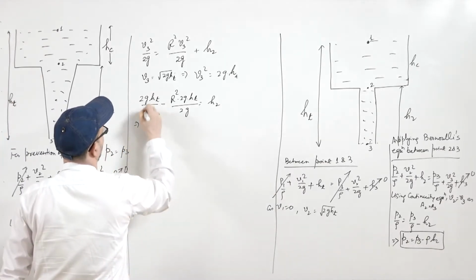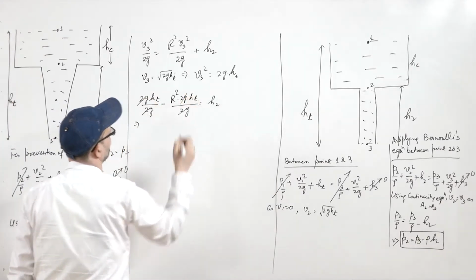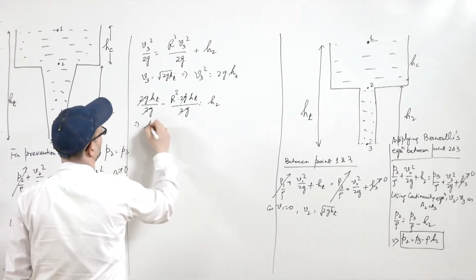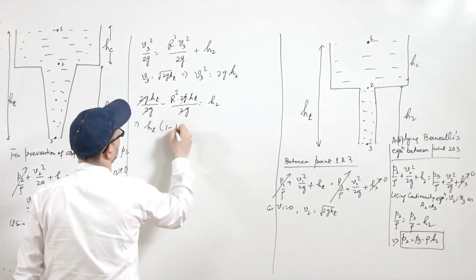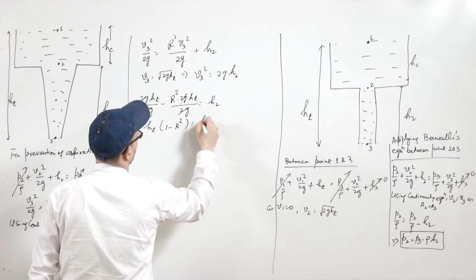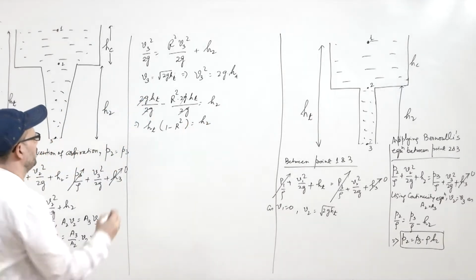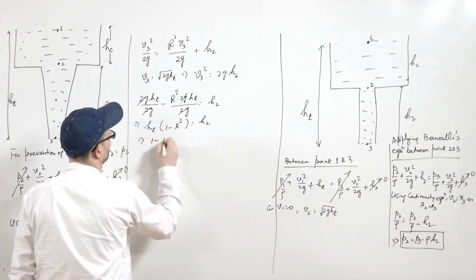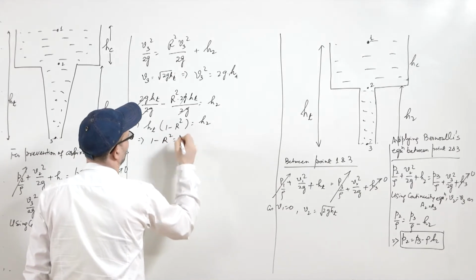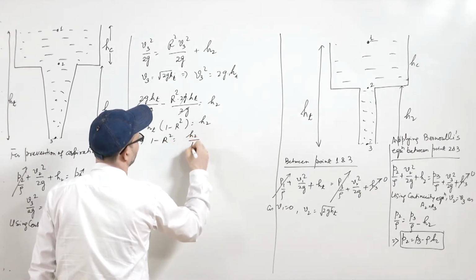So, you will have these terms cut. Ht into 1 minus R square will be H2, so 1 minus R square will be H2 by Ht.